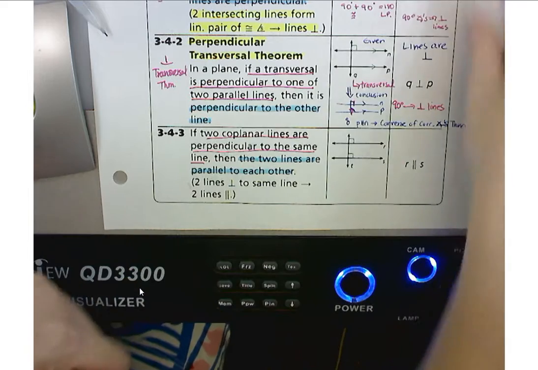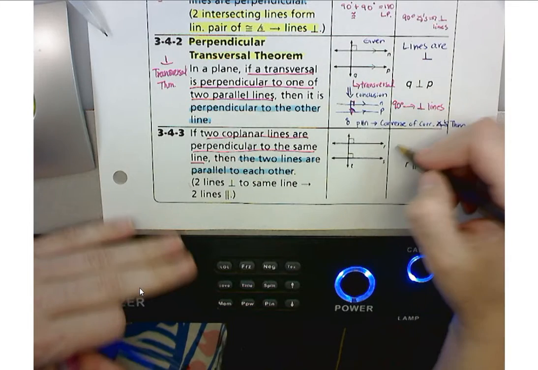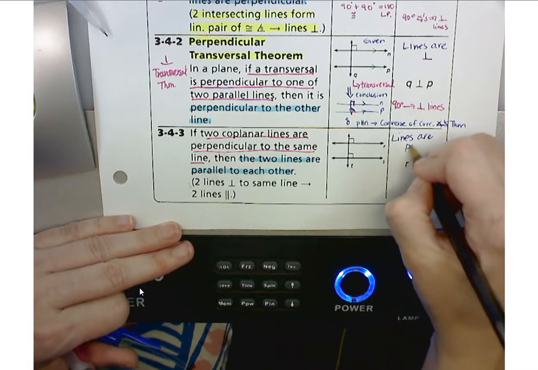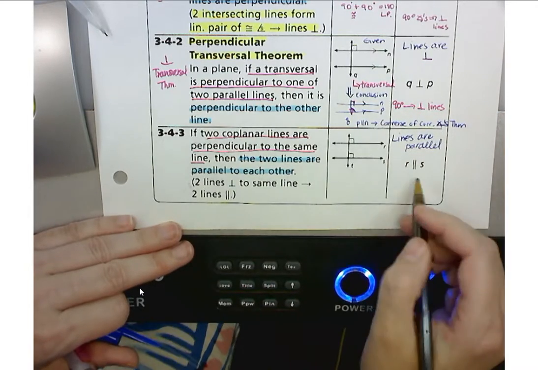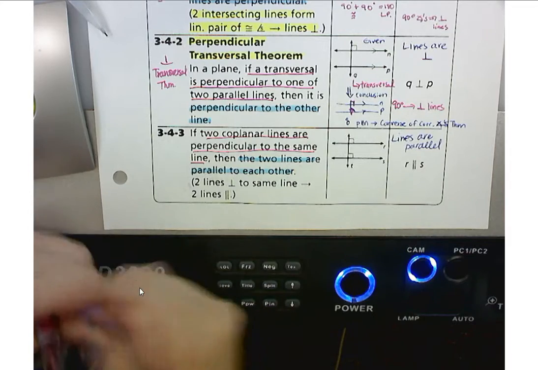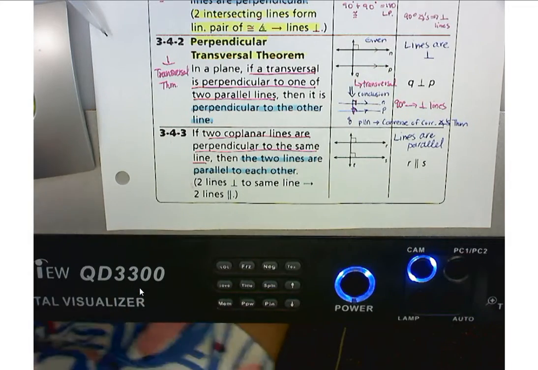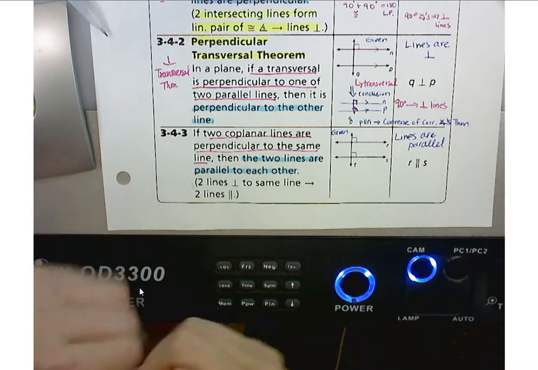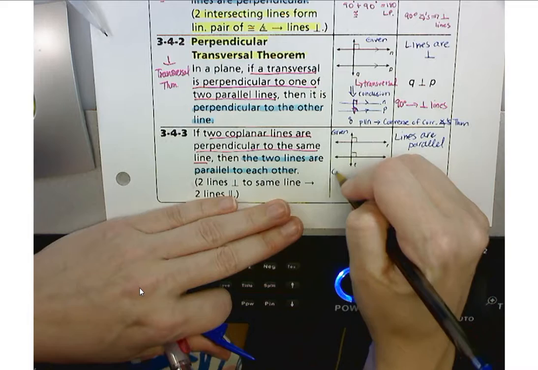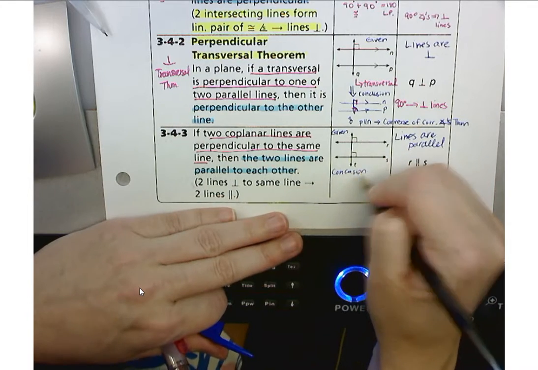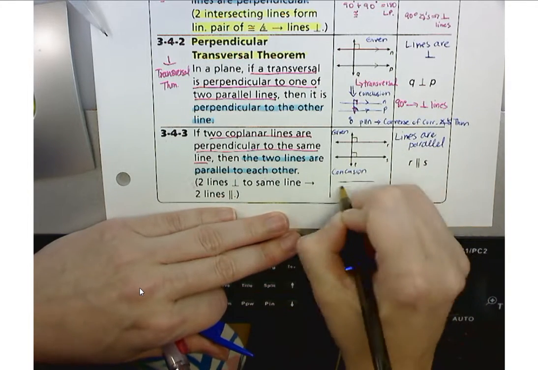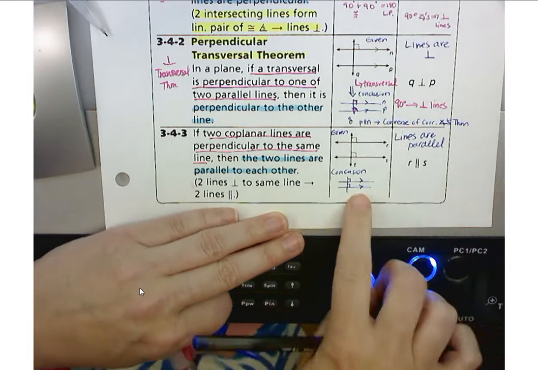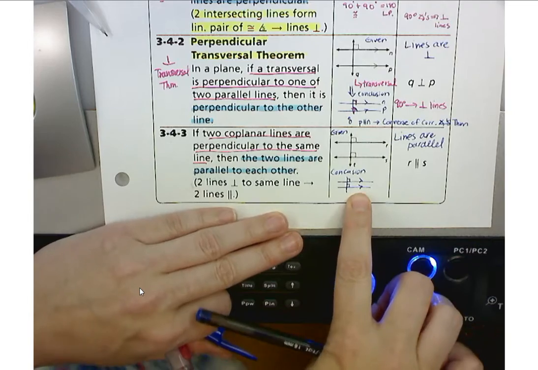So this would be used to prove that lines are what? Parallel. Good. So if you're trying to prove that lines were parallel, this would be something that you could use. So this would be what you are given, and then your conclusion would be the same setup, only the difference is you would have that the lines are parallel.